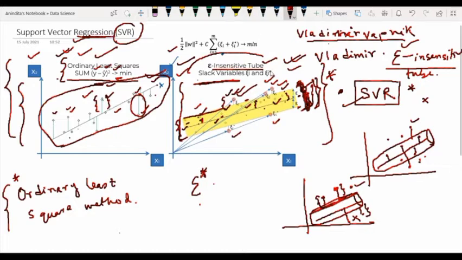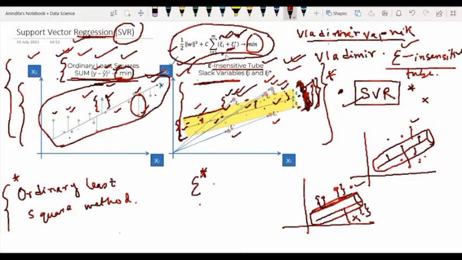Therefore, whatever concept I have explained is depicted with this formula. In the case of the normal regression mechanism, the formula is simple. However, in support vector regression, we have to minimize the error. This concept is the same, but here we have the concept of slack variables.